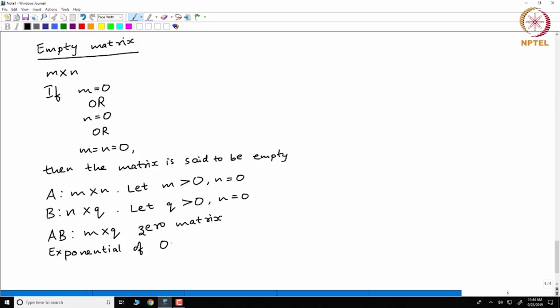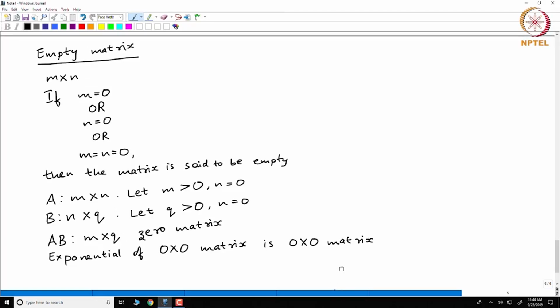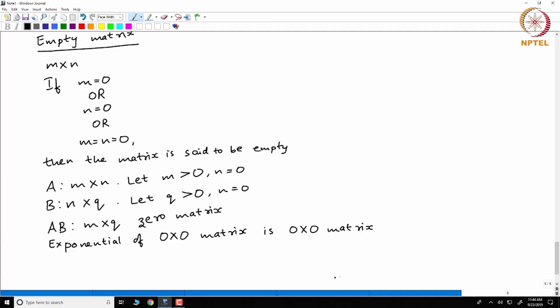So the exponential of a 0 by 0 matrix is a 0 by 0 matrix. That's again a definition.